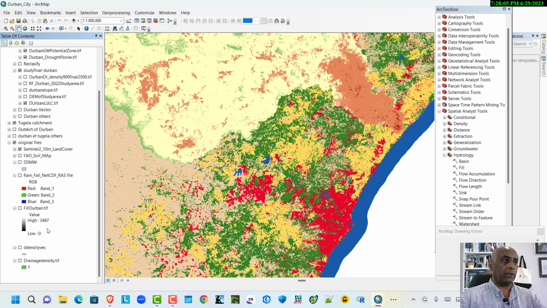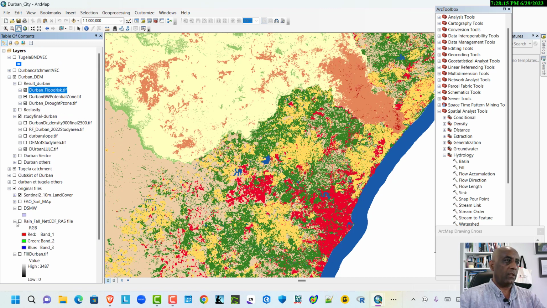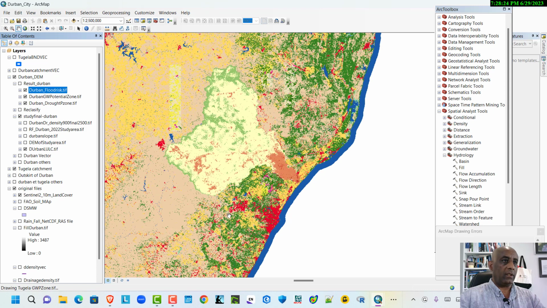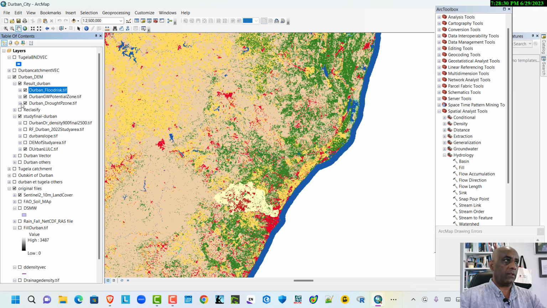I have to extract this into usable format, and these are the data I used. So let me show you the result I obtained from my analysis. First, let us see the Durban one. Let us stop this one and see the Durban analysis.